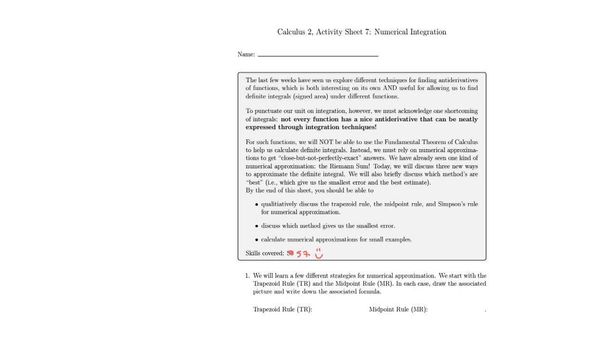In other words, there might be definite integrals of the form, the integral from a to b of f of x dx, in which we cannot find an antiderivative F, right? So we cannot find a function capital F that would allow us to use the fundamental theorem of calculus and calculate this as capital F of b minus capital F of a.